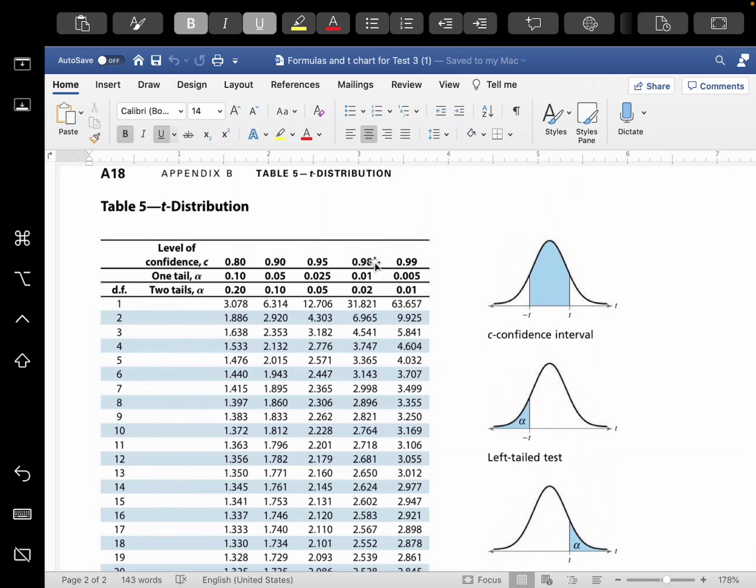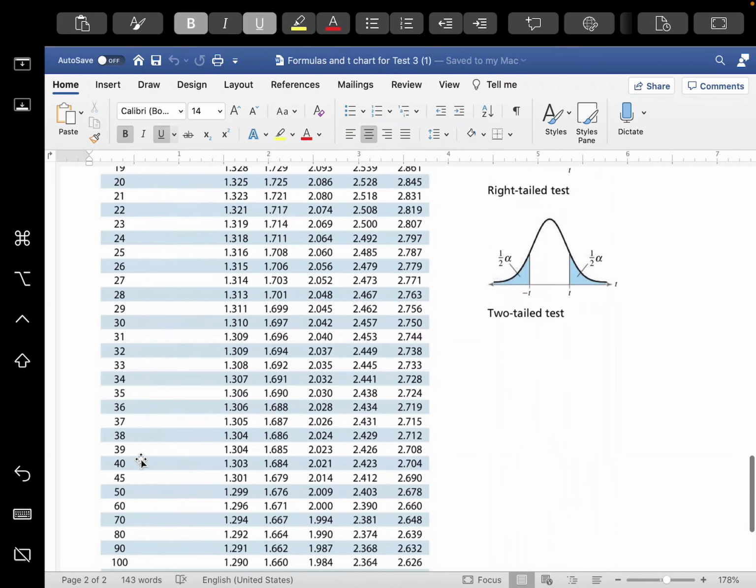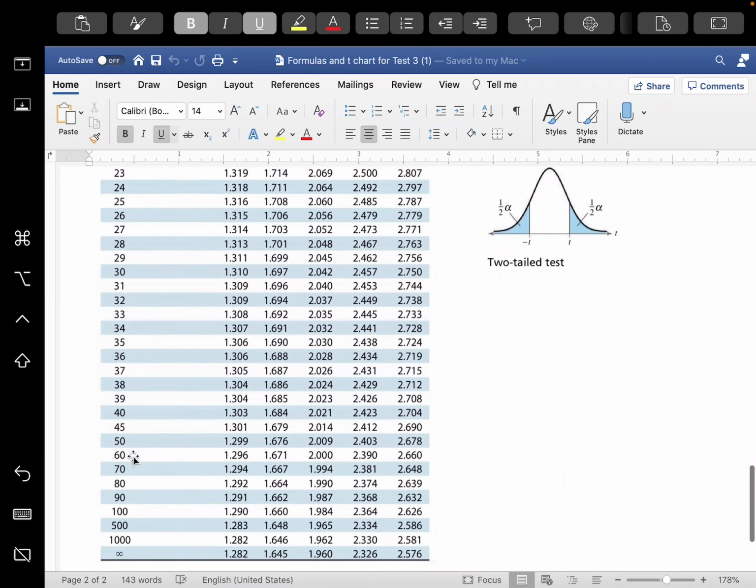But in 6.2, when we deal with the t distribution, that is dependent upon sample size and degrees of freedom. So you're going to take your sample size, you're going to subtract 1, and you'll get a number that you will look up in this left-hand column of the chart. Once you get down here to 50, notice 50, then 60, there's very little change, only in 3/10,000ths of a difference, because you'll notice as these degrees of freedom get higher, these numbers get closer and closer to what they are for the z-score.